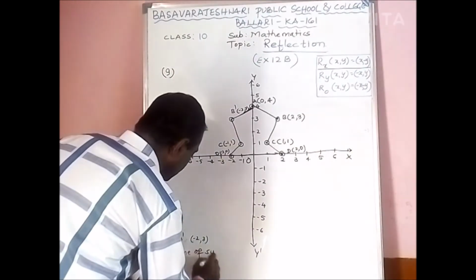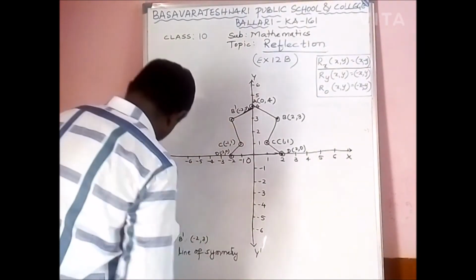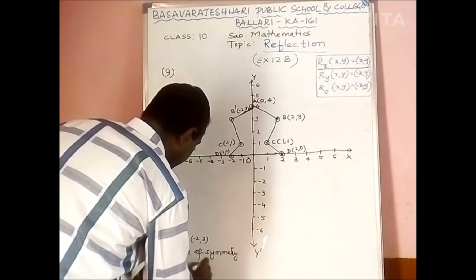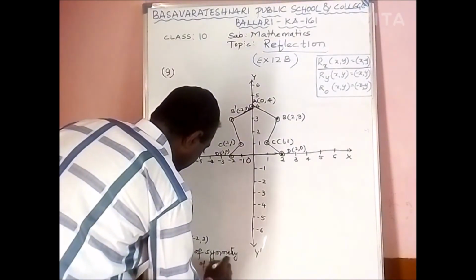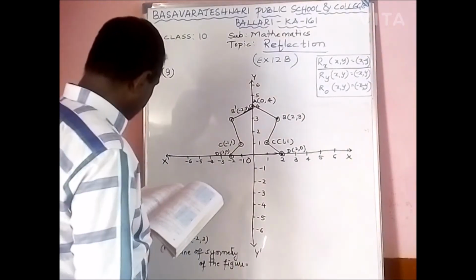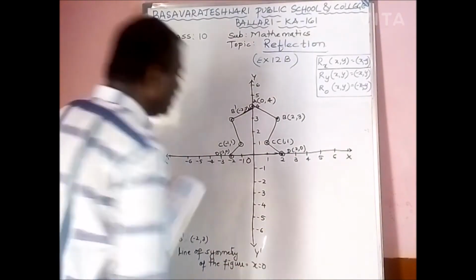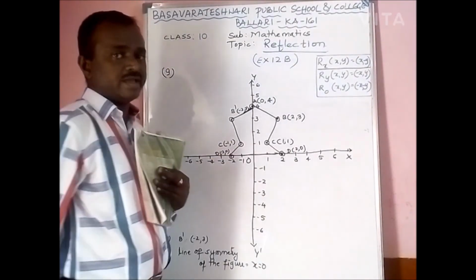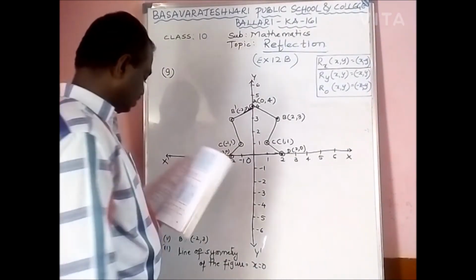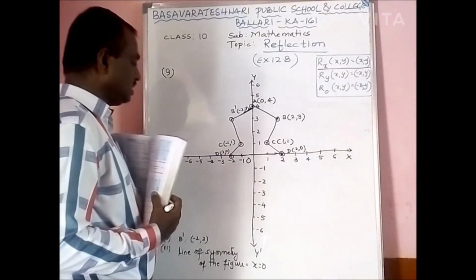Because it lies on y-axis, you have to write x is equal to 0. If it lies on x-axis, y is equal to 0. So this is question number 9. So note down this question.